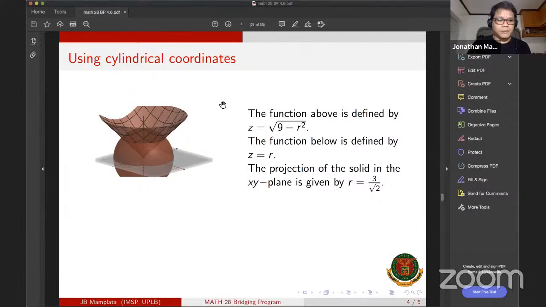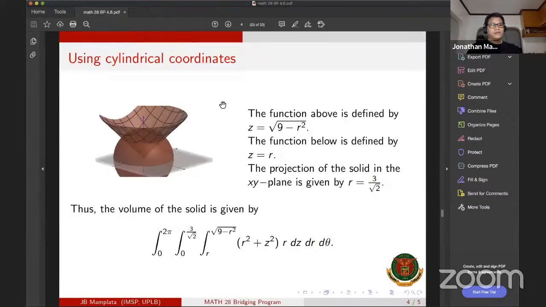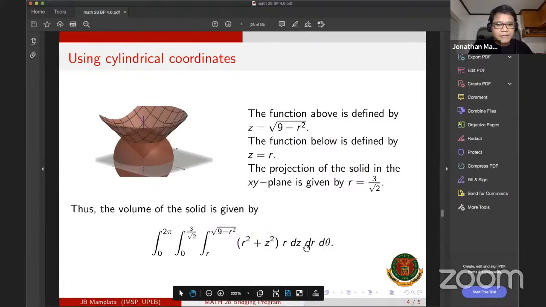So that will give you the volume of the solid. Yung bounds natin for r is 0 to 3 over square root of 2. Ang bounds natin for theta is given by 0 to 2 pi.